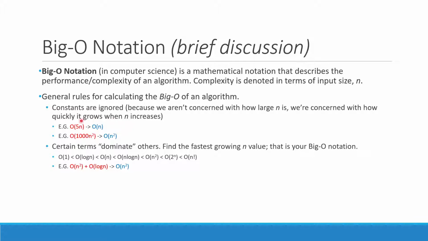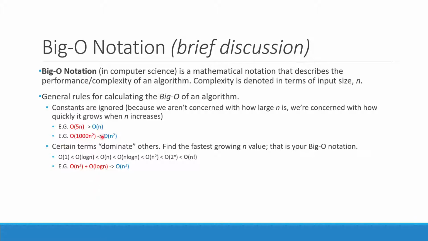So that's the reason why we ignore constants. The same is true for this other example that I listed. So let's say you analyze an algorithm and you calculated its O notation to be 1,000 n squared. We don't care about the 1,000, okay?